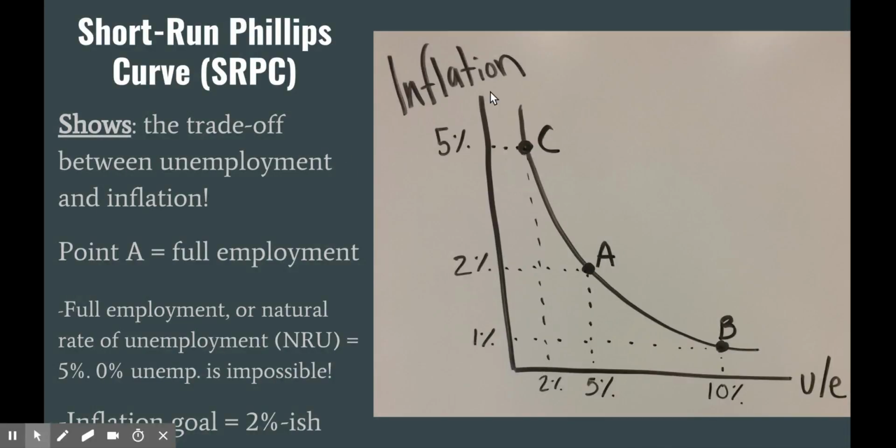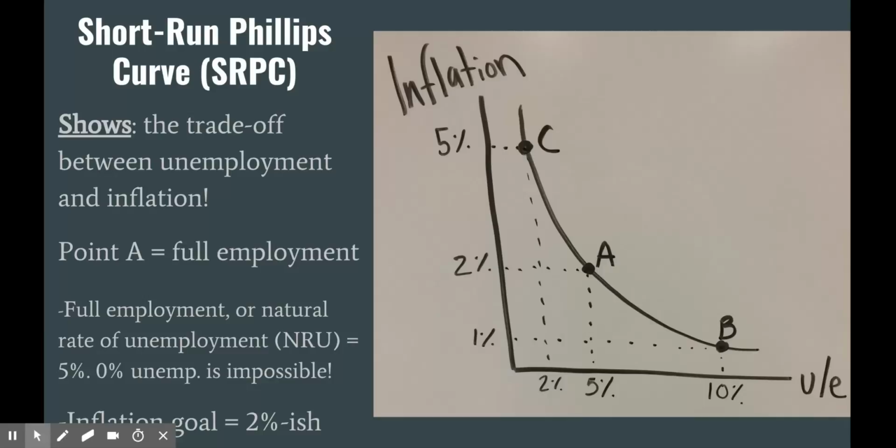But the big thing here is we label the y-axis up top inflation and the x-axis down here unemployment. So again, we're only looking at the relationship between changing prices and unemployment. So here I just label these axes with sort of random percentages. The only ones that really matter here are 2% inflation and 5% unemployment. 2% inflation is the goal for our economy.